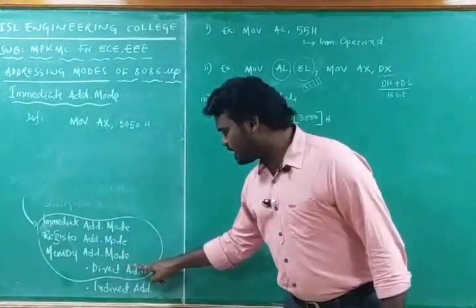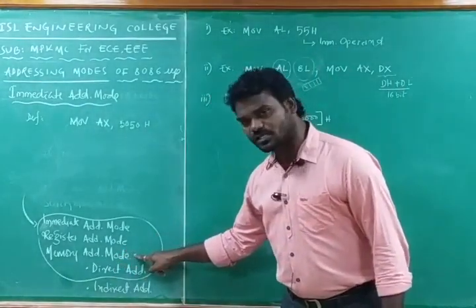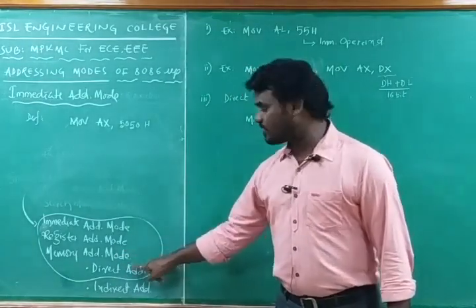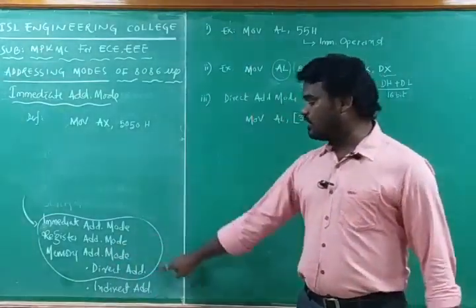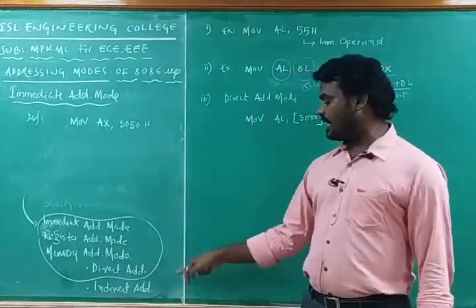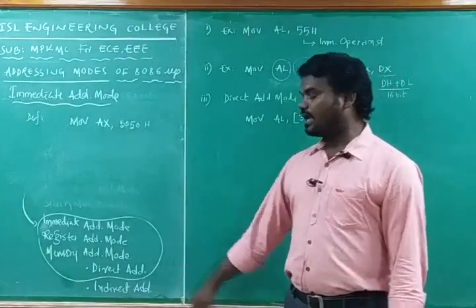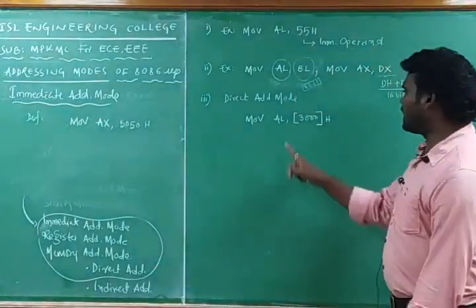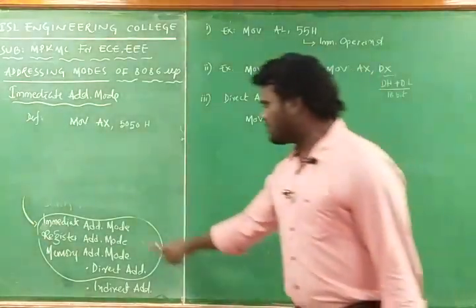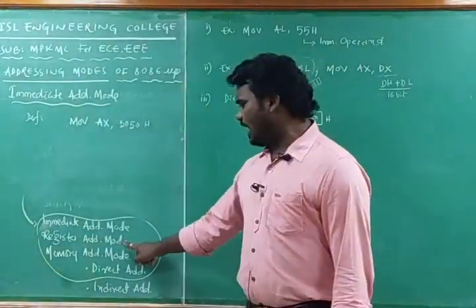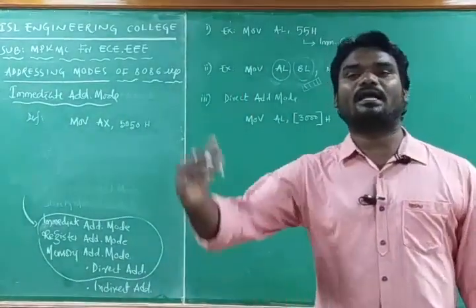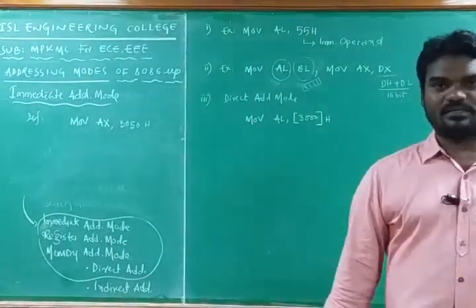In this we have two more types of addressing mode: one is direct addressing mode, another is indirect addressing mode. In case of immediate addressing mode and register addressing mode, the execution unit directly accesses the operands.